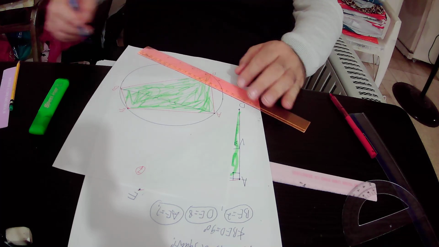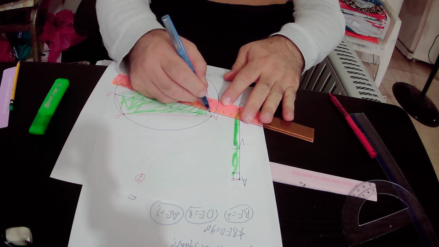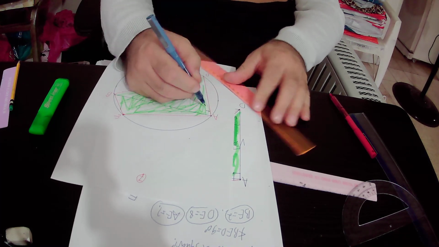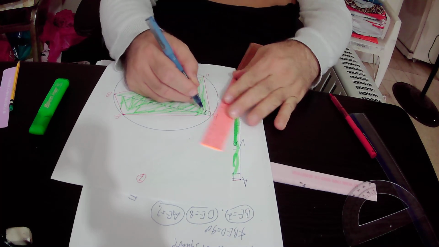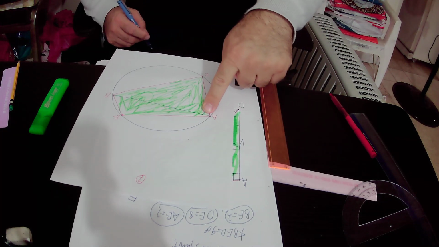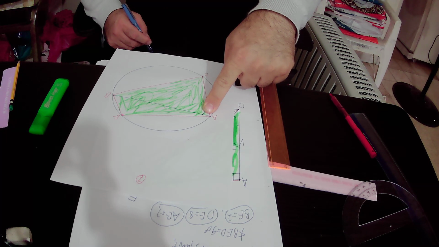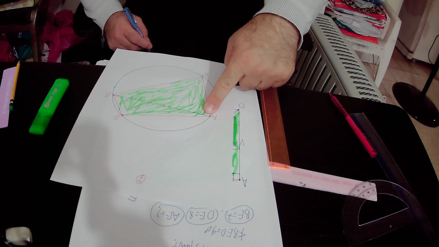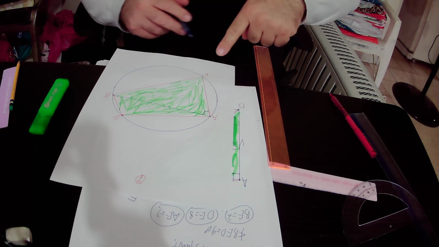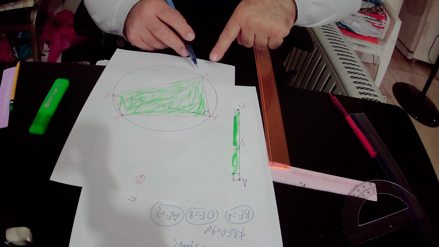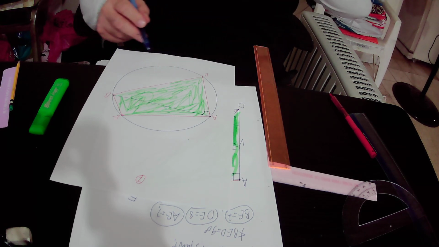This angle, angle ABD, is a right angle, and this angle rests on line segment BD.